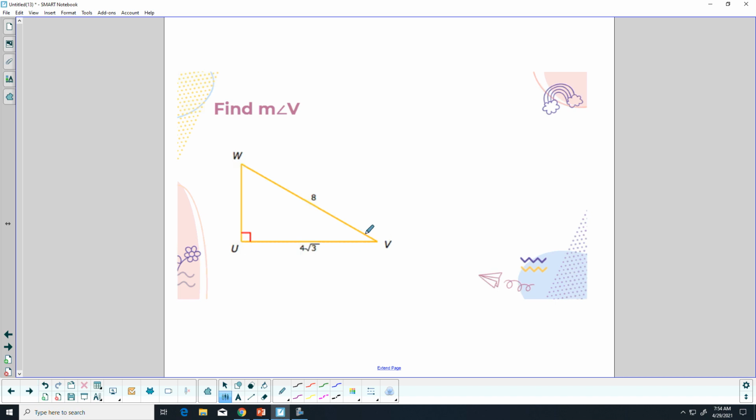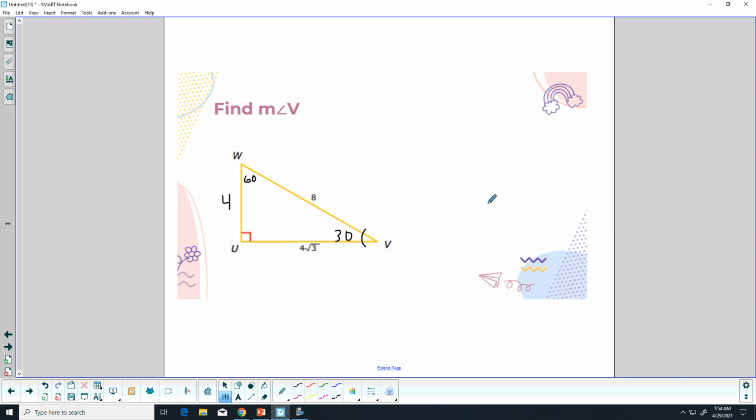Find angle V. And I know that this one is going to be 40. It is a special triangle. This is going to be a 30, 60, 90 triangle.